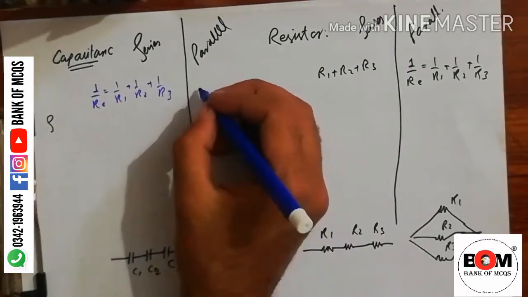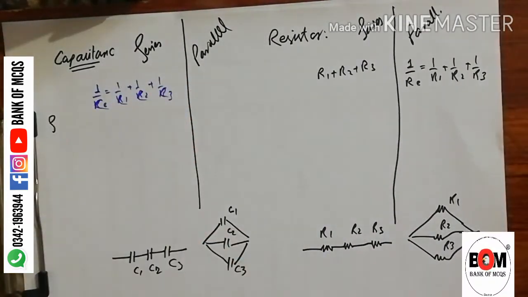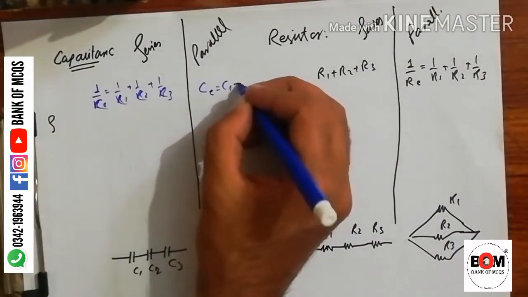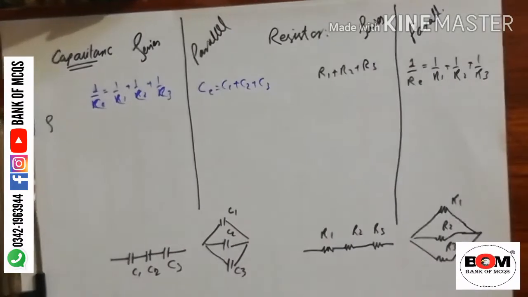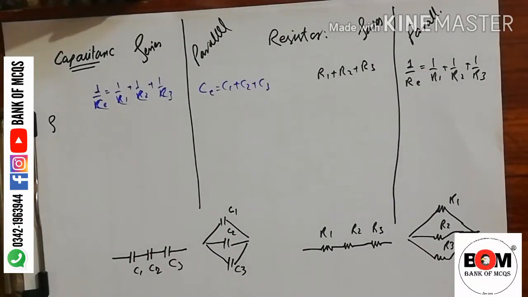In parallel, with capacitance 1, 2 and 3, C is equal to C1 plus C2 plus C3 plus Cn and so on. So this is for series and parallel.